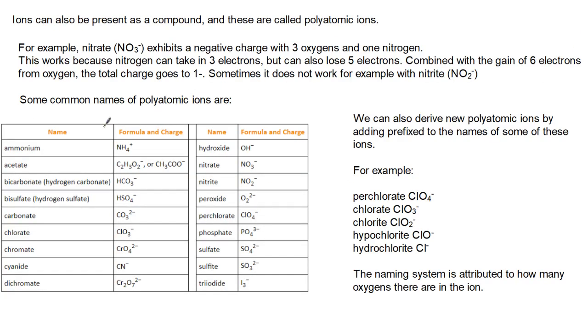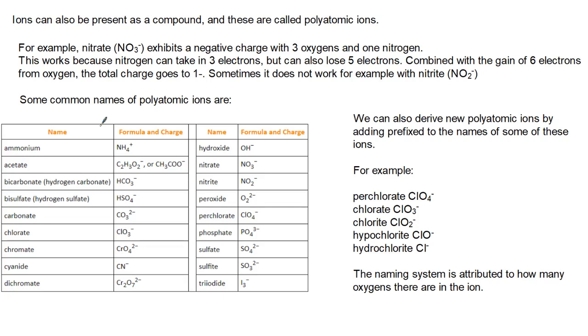Anyways, so ions can also be present as a compound, and these are called polyatomic ions. Sometimes you hear them in acid and base names like sodium hydroxide or hydrochloric acid.